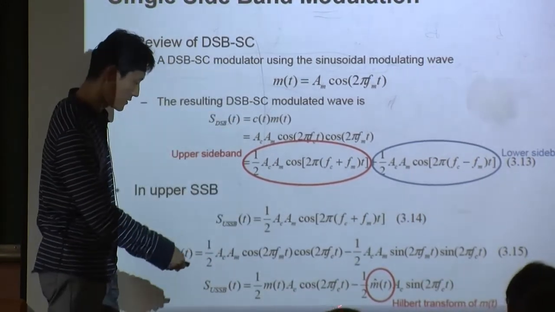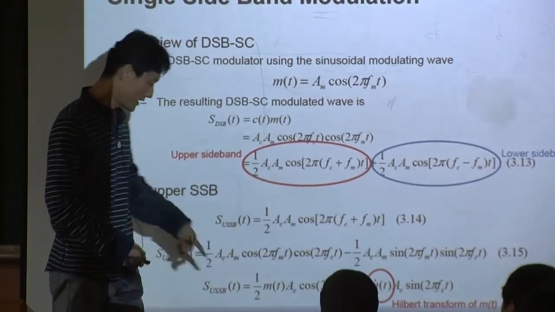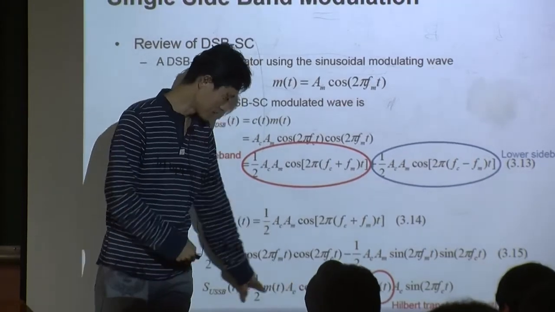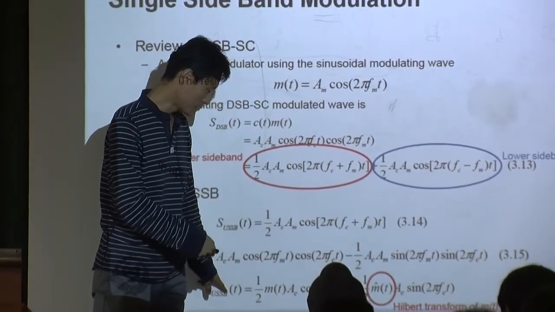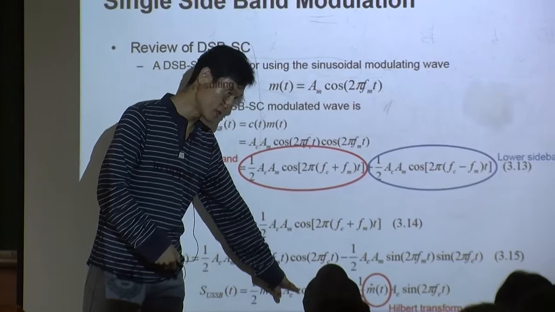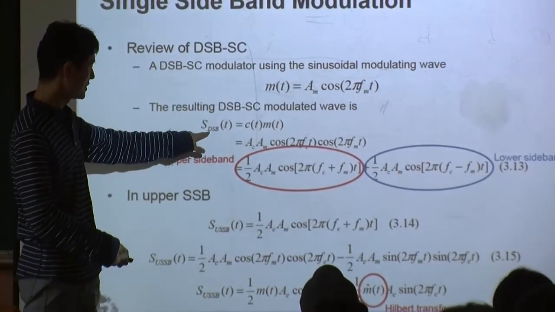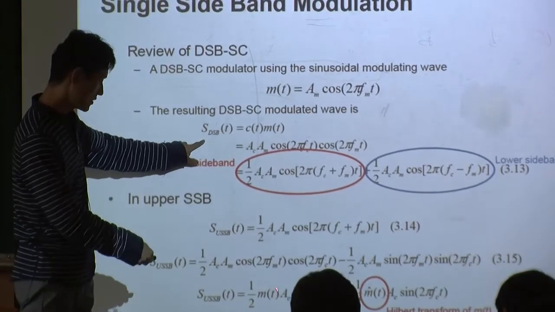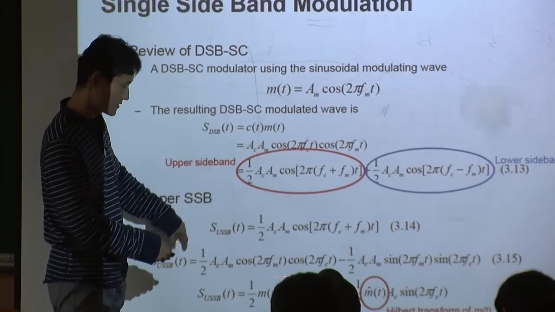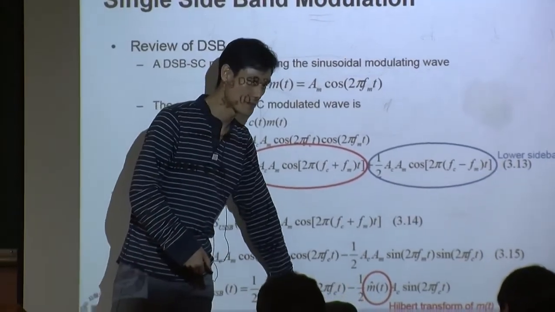So this part is simply m(t) times c(t). What is m(t) times c(t)? That's our original DSB signal. So the first term here is our original DSB.